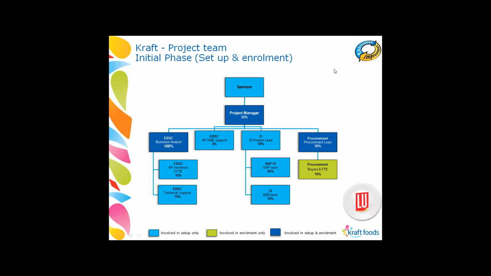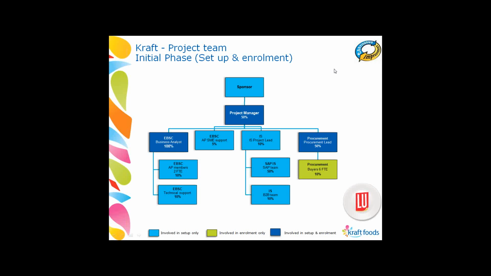At the end of the day, we were looking at the full automatic process, not just receiving electronic files. We had different people, but from the beginning we were partnering initially with EBSC, which represents finance, IS, information systems, and procurement as well.